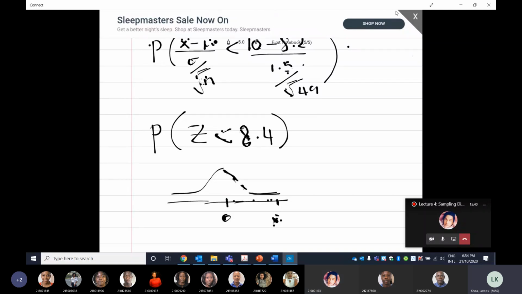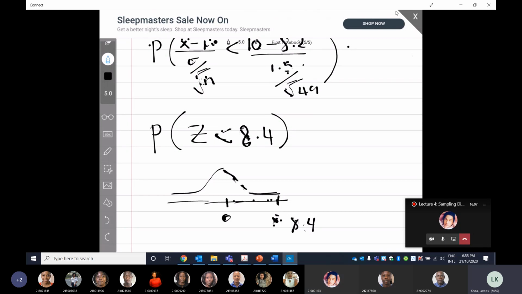It's supposed to be 8.4 over there. So we want the area that is less than 8.4.